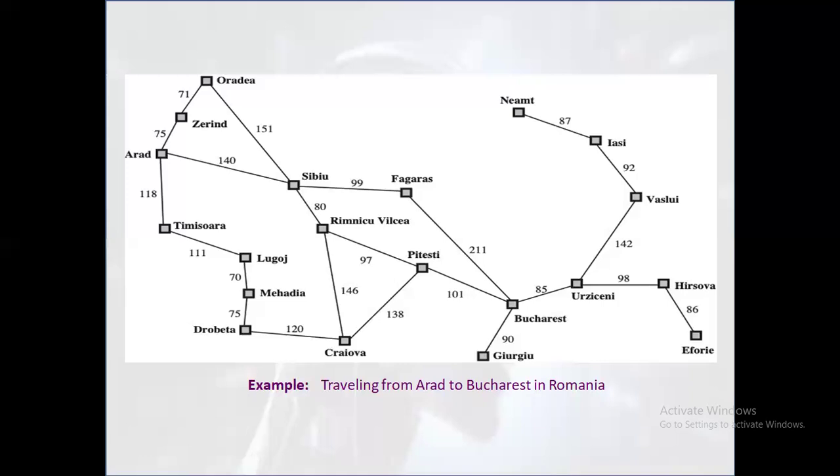In this case, the agent's goal is to find the most efficient route from Arad, the starting city, to Bucharest, the destination city. The problem solving agent would treat this task as a search problem where the agent needs to explore different cities, that is, states, and the possible roads or routes, that is, actions between them. Here, so many possible ways are there. In the graph representation, each city is a node and the roads connecting the cities are edges.